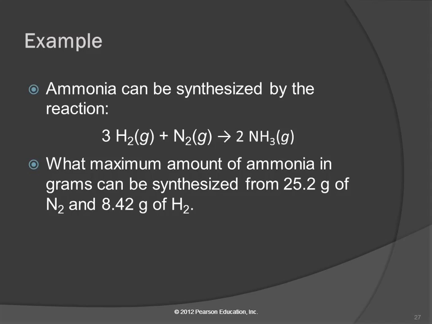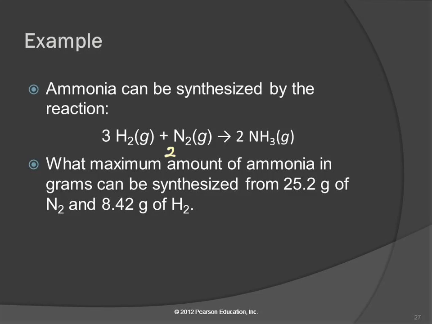So let's do an example. Ammonia can be synthesized by the reaction of hydrogen and nitrogen reacting to form ammonia. What maximum amount of ammonia in grams can be synthesized from 25.2 grams of nitrogen and 8.42 grams of hydrogen? So I'm going to take those numbers that I'm given, those masses, and write them under the balanced chemical equation.